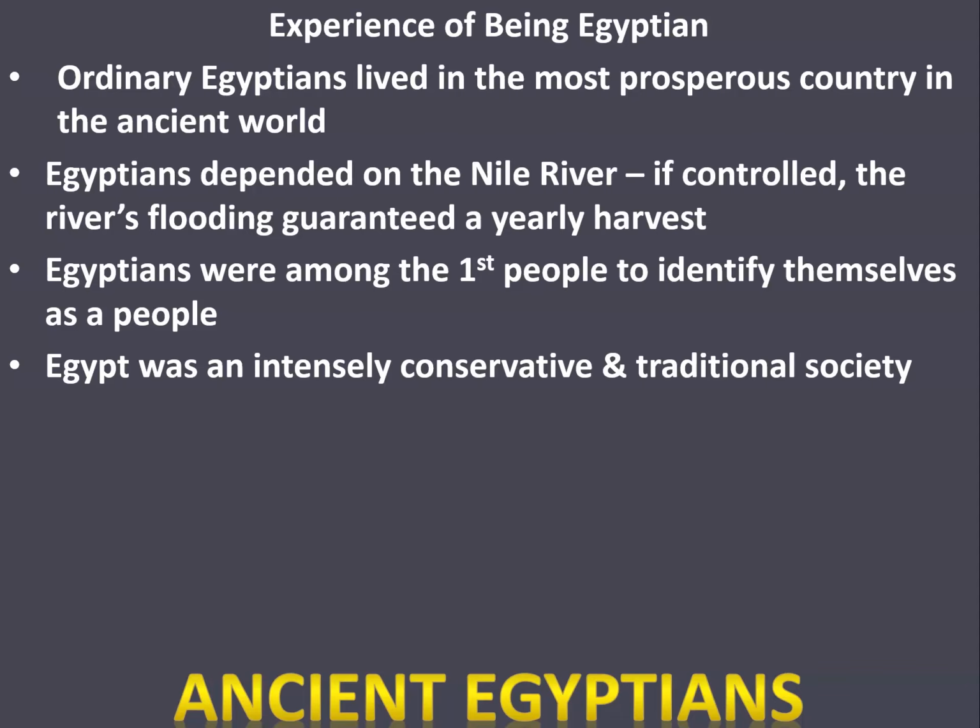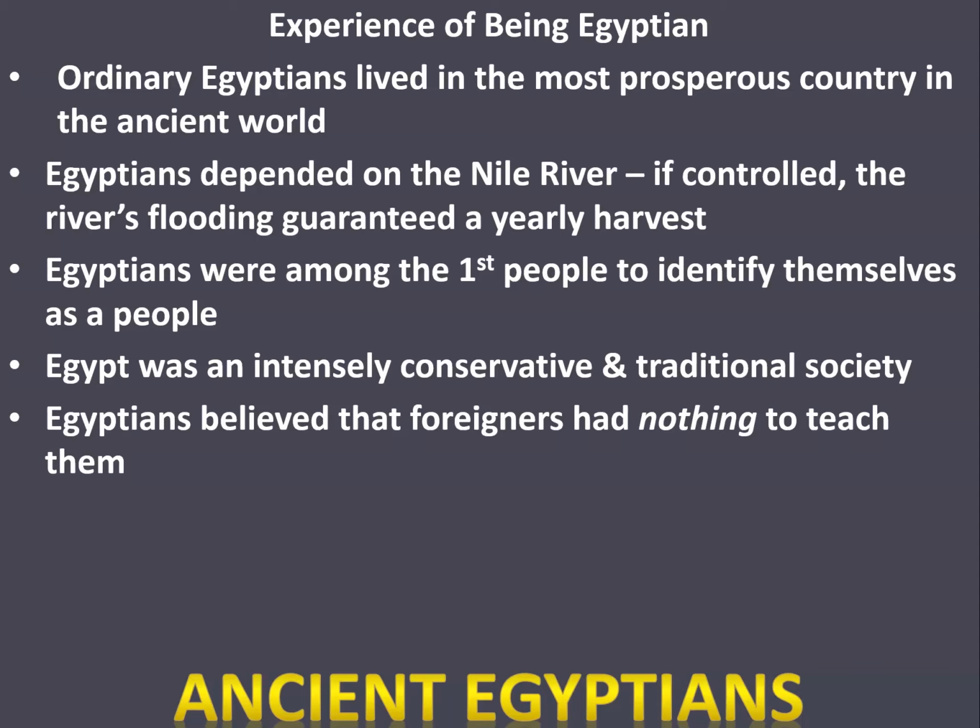So then why change? What is going to be new? What's going to improve our situation when we look out beyond our borders, we see everybody struggling and digging in the dirt and causing all sorts of problems. So it's going to be very reluctant to change, and we're going to see that Egypt is not going to have a whole lot of fluctuations or revolutions throughout its time period.